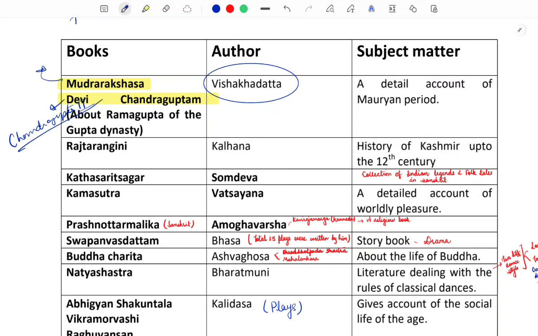On the basis of this story itself he was very brave, and he fought bravely, and he got back his brother's wife and the empire also. This whole story is narrated by Vishakadatta in his text Devi Chandraguptam.